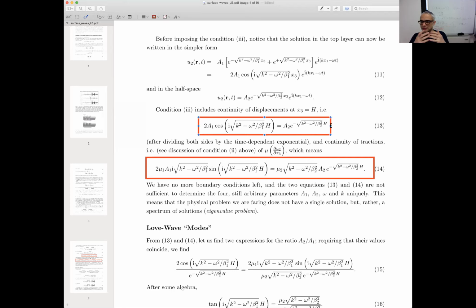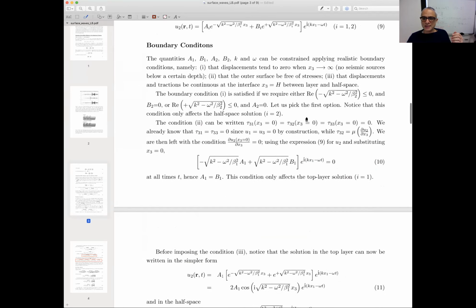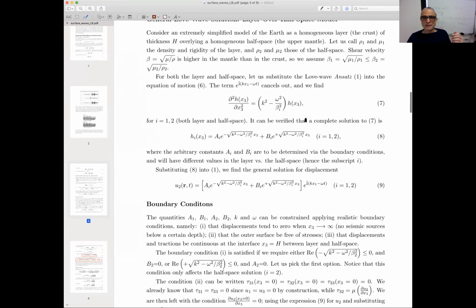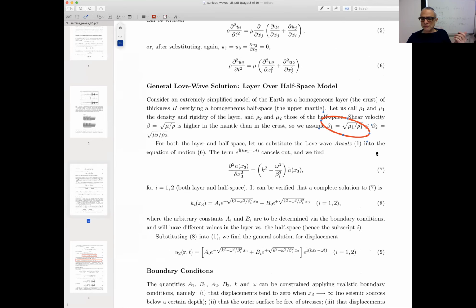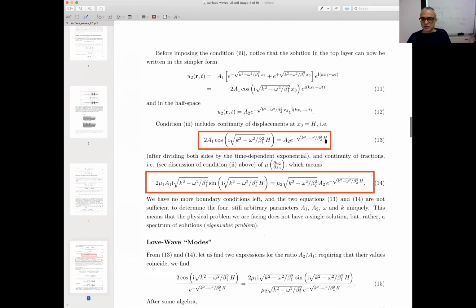Everything else is prescribed, right? Because we have an Earth model. We think that's our best guess as to what the structure of the Earth is like. So we assume that we know beta 1 and beta 2, which, if you remember, are basically just shear velocities in the two layers. We assume that we know h, which is just the depth of the Moho. But we can find a range of suitable values for A1, A2, and also omega and k.